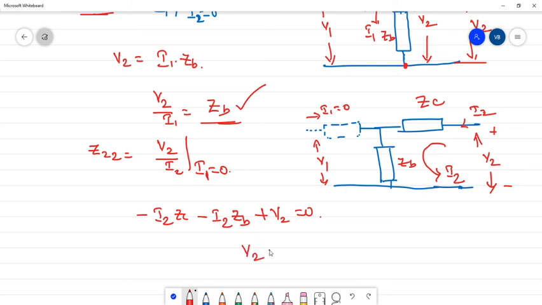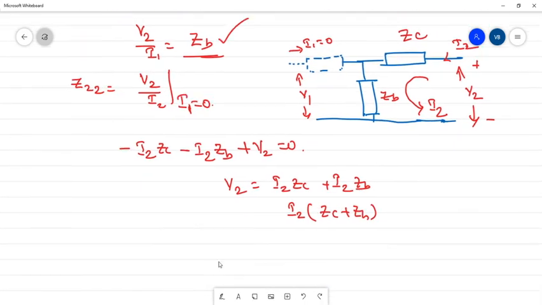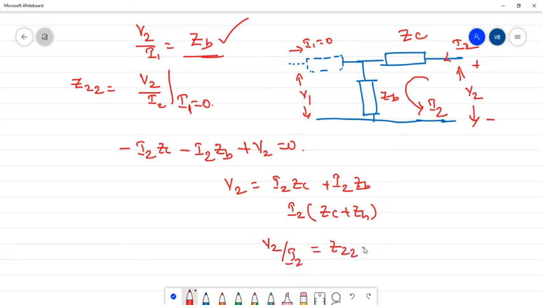So V2 is equal to I2 ZC plus I2 ZB. When you take I2 as common, that is ZC plus ZB. So V2 by I2, this is Z22, is ZB plus ZC. Okay, so like this you are going to calculate the Z parameters.